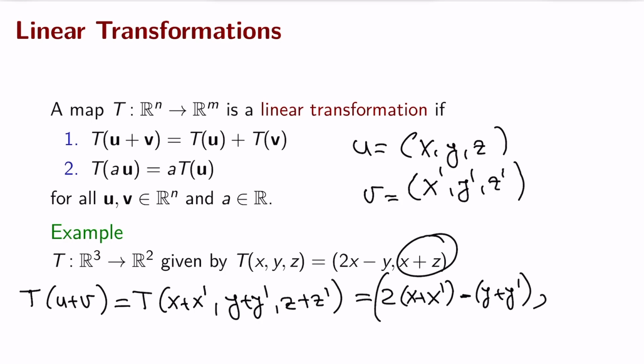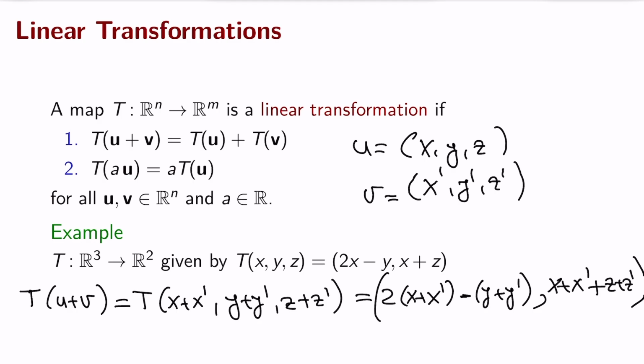And the second component, according to this, is x plus z. So let's add these two things: this is our x plus our z. Okay, so this is the result of the transformation, T of u plus v. We can simplify this to see clearly what the operation is.